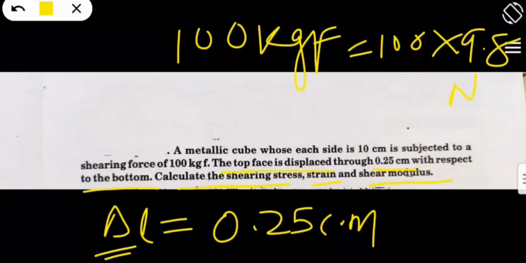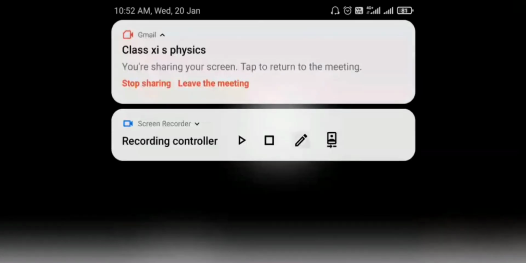Shearing stress or any stress has the same formula, force upon area, right? So here let us move on how to find out the answer. All the given data is given to us. Length I have written 10 centimeter is given. You need to obviously convert to meter.